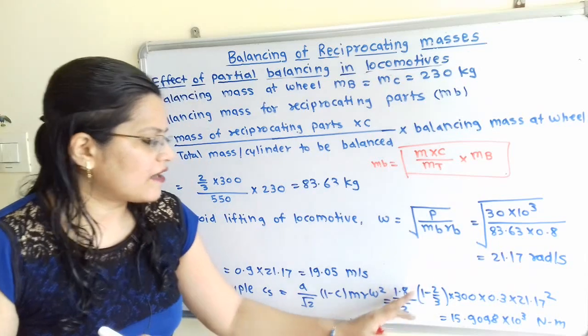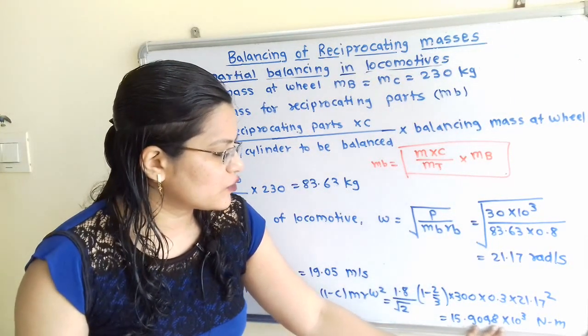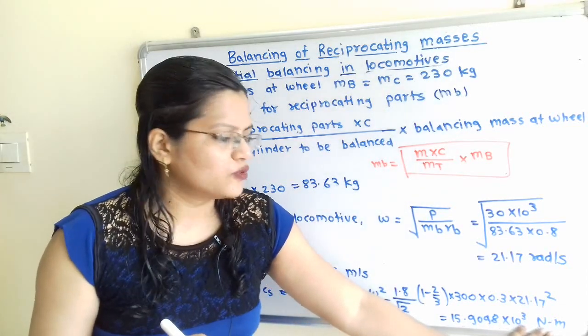When we calculate this, we get the answer: the swaying couple is 15.9098 into 10 raised to 3 newton meter.